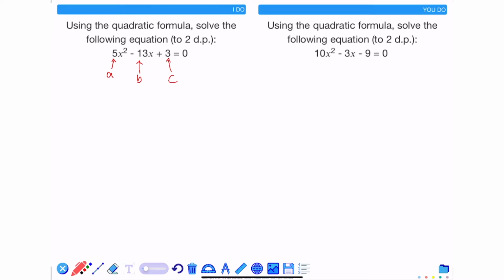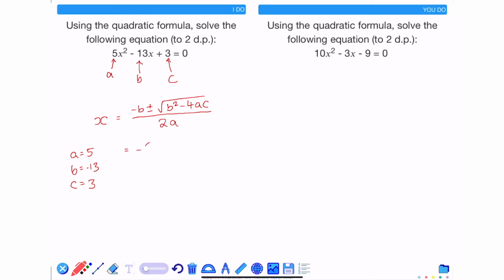The quadratic formula is x is equal to minus b plus or minus the square root of b squared minus 4 times a times c all over 2 times a. Once I know that a is equal to 5, b is equal to negative 13, and c is equal to 3, I can substitute these values into the quadratic formula.